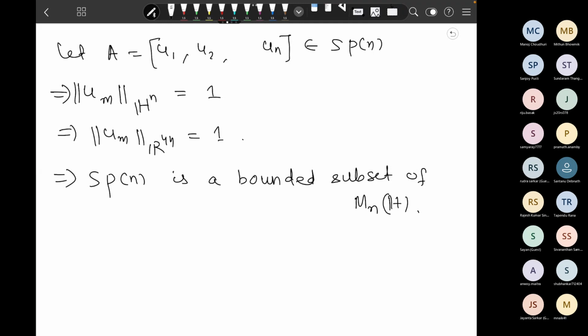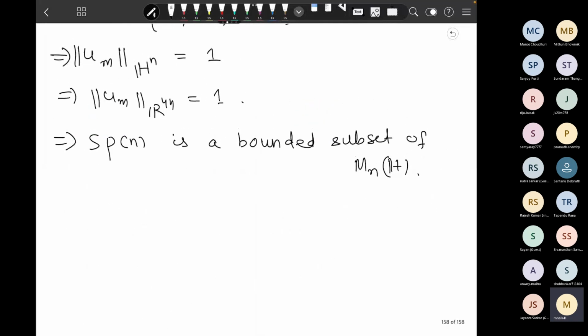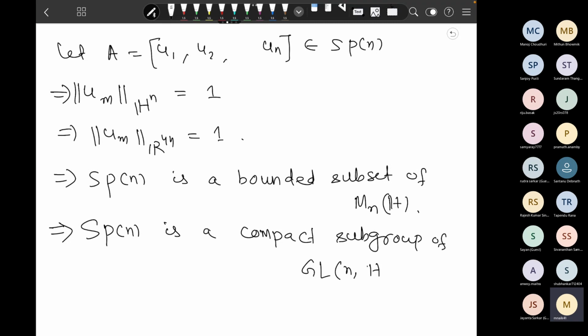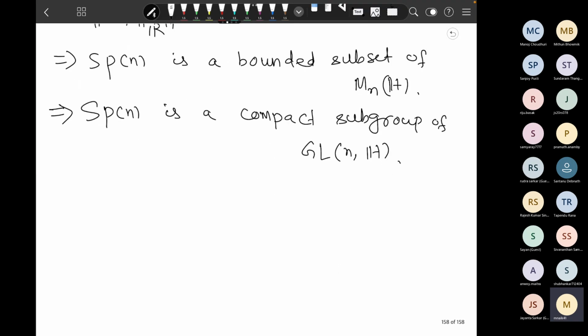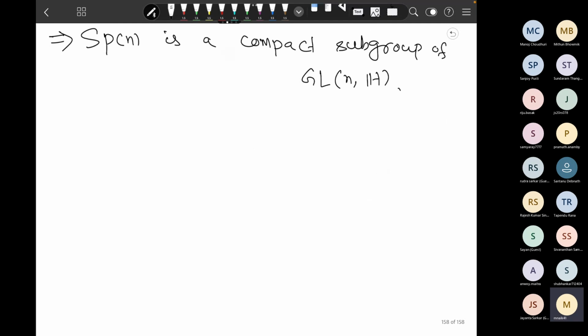This was a closed subset of M_n(H), and it is a bounded subset of M_n(H). So this implies Sp(n) is a compact subgroup of GL_n(H). Closed and bounded means compact. So this is the thing. Now, okay, proposition.